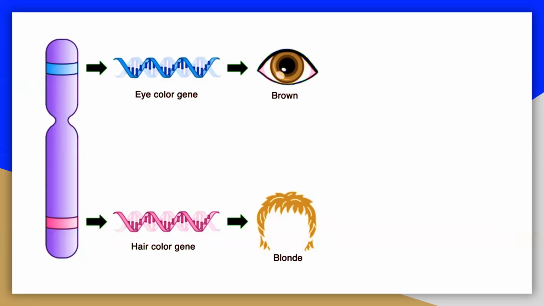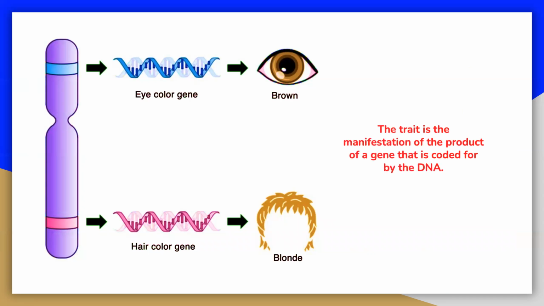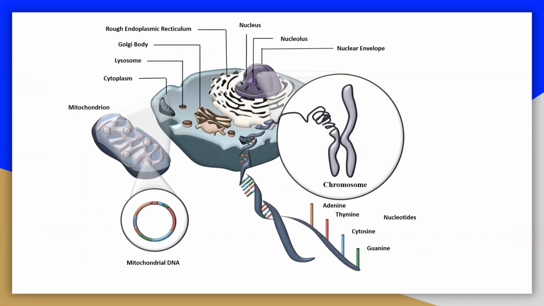And remember that genes are the messages in our DNA that define individual characteristics. So the trait is the manifestation of the product of a gene that is coded for by the DNA. It is not which genes you have, but how those genes interact with each other during development that makes you different from another individual of the same species, or from a zebra or a cabbage.